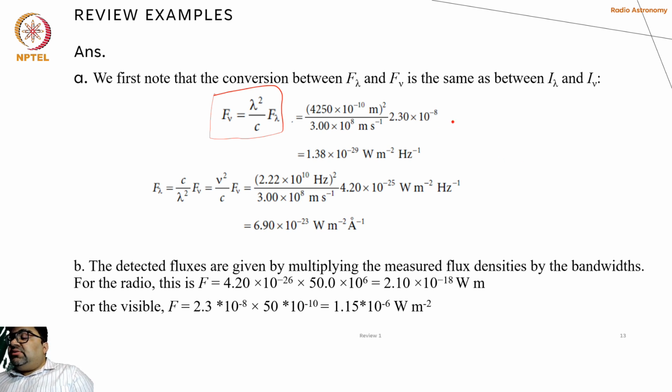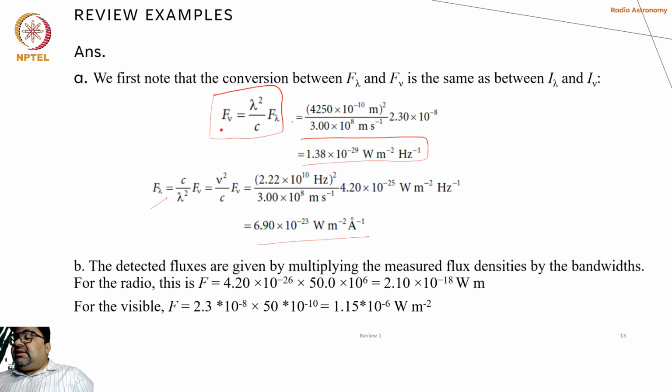Just put those values and finally you get F nu as 1.38 × 10^-29 watts per meter square per hertz. And F lambda is given in terms of F nu, in terms of angstrom. If you just convert each, you can get back to this.